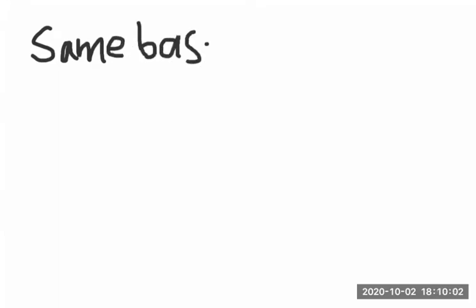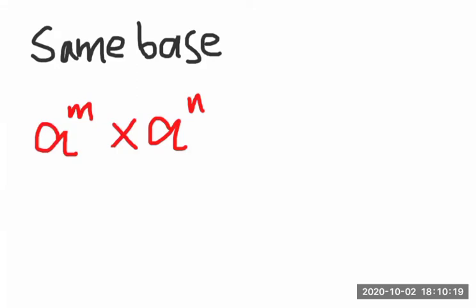The first rule for indices is the rule for same base. When I have the same base and I am multiplying them and they have different powers, the base is the same, a is the base here, what happens? The powers get added.